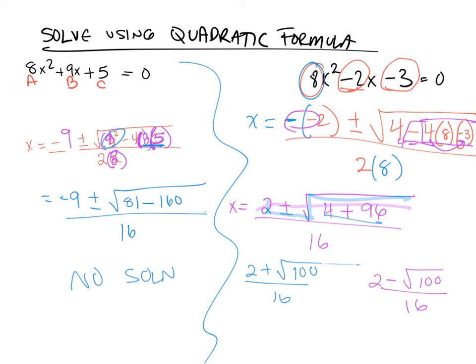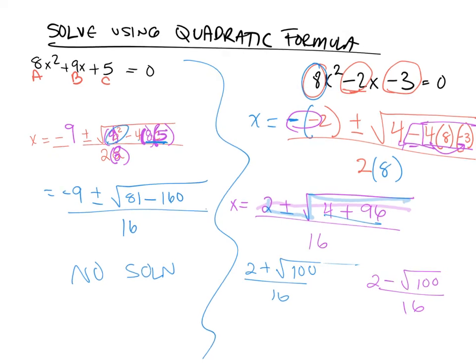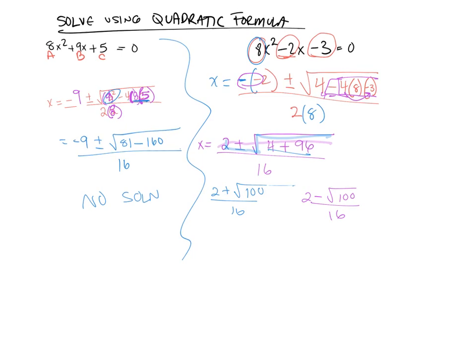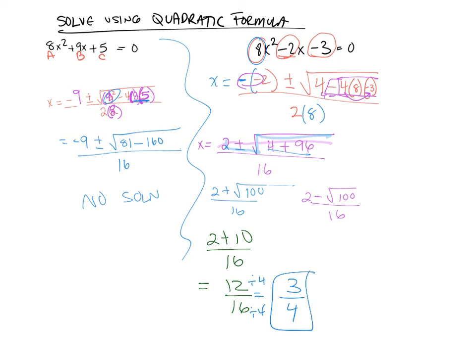You can actually take a perfect square root. 100 is a perfect square. So you can say, all right, the square root of 100 is 10. So 2 plus 10 divided by 16 is the same thing as 12 over 16. You leave it as a fraction, divide both top and bottom by 4, and you get 3/4 is one answer.